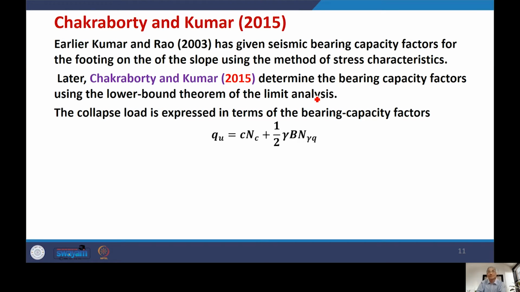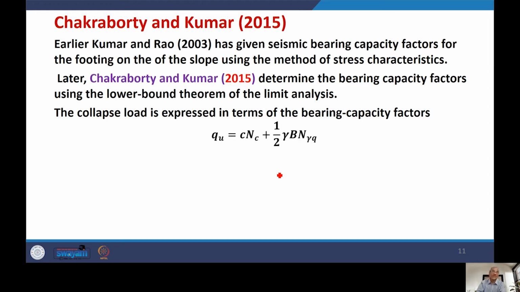And what is done in the lower bound theorem of limit analysis? The collapse load is expressed in terms of the bearing capacity factor. Now, instead of 3 bearing capacity parameters, Chakraborty and Kumar have used only 2. One is Nc, and Nq and N gamma are clubbed in N gamma q, and now bearing capacity will be found from this expression.